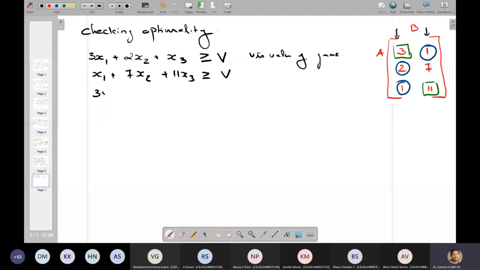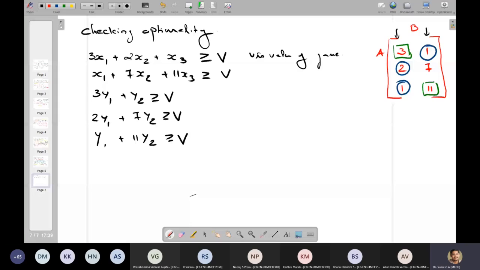So 3y1 plus y2 greater than or equal to v. Then 2y1 plus 7y2 greater than or equal to v. Then y1 plus 11y2 greater than or equal to v.